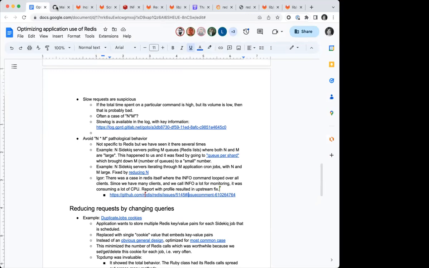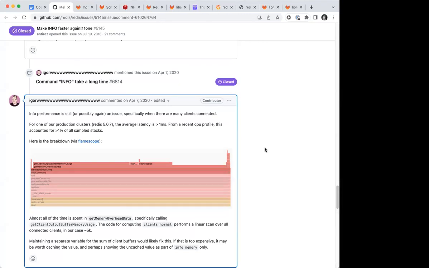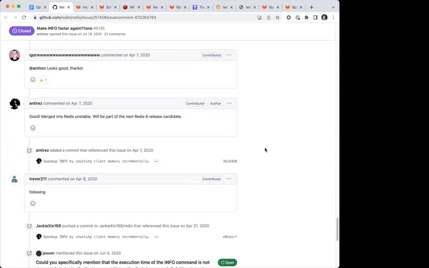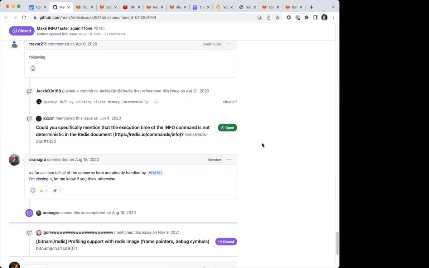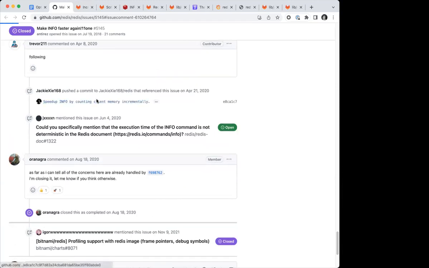Yeah. And how did upstream fix this? If you scroll down, there's a commit that you can click on. I think it was the second one. Yeah, that's the one.